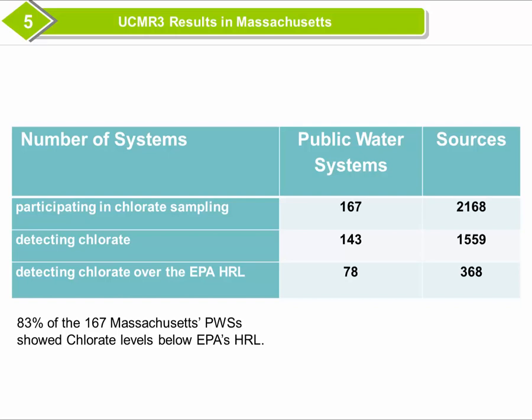The results show that 143 systems detected chlorate, but only 78 detected chlorate over the EPA's health reference level. MassDEP interviewed 10 of the 78 public water systems with chlorate detection over EPA's health reference level. These systems had the highest levels of chlorate.